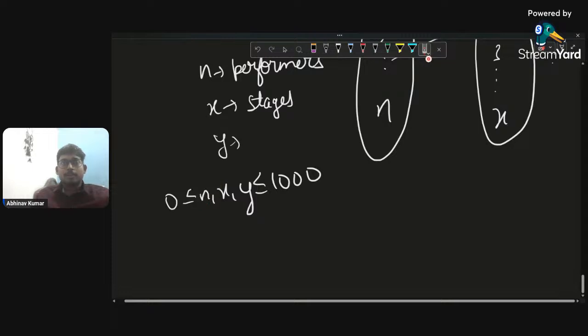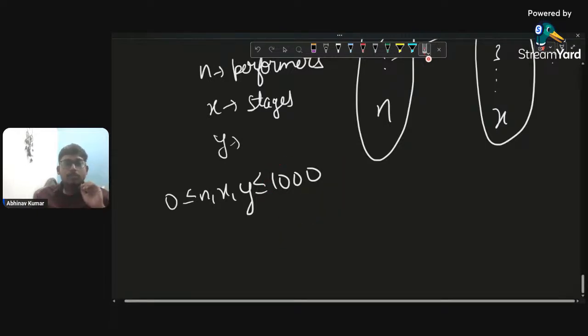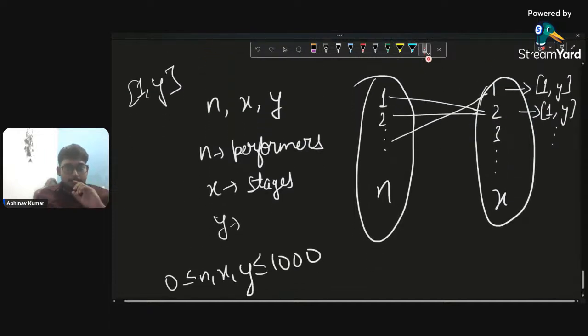You can multiply any two things, but you cannot do n into x into y or anything which goes to a cube of 1000, because that would be 10 to the power 9. That won't be accepted. So you can only go up to a square of 1000. You can have any two things multiplied in your final time complexity. That's what we understood from the constraints of the problem.